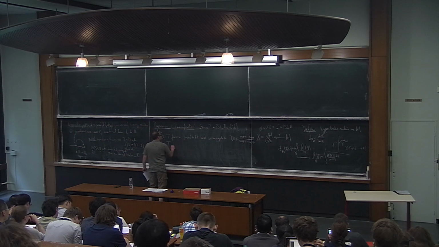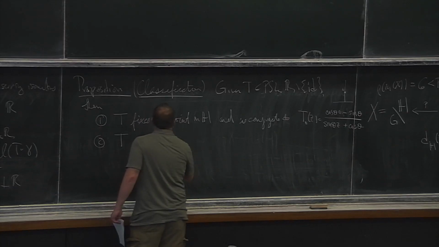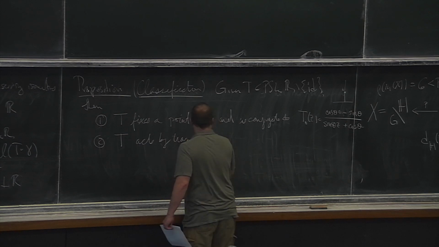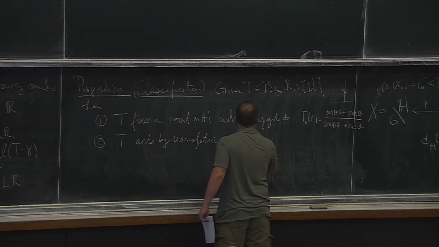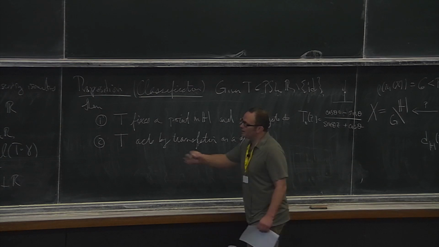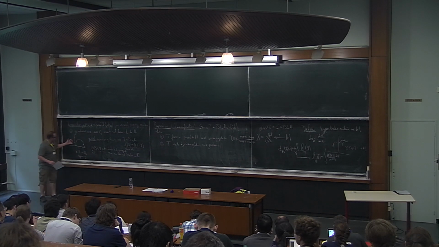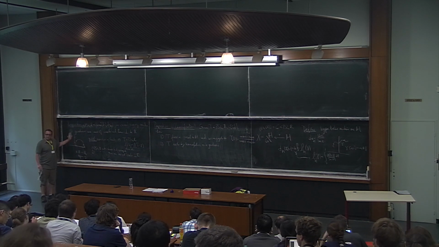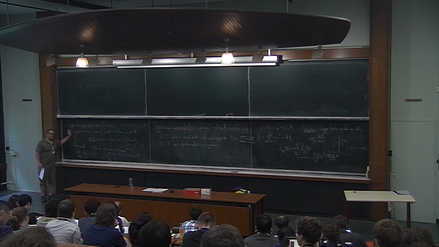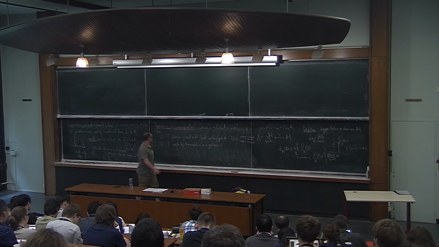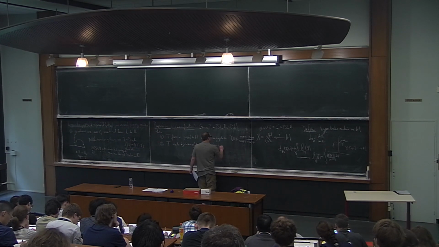Another possibility is that T acts by translation on a geodesic. So it leaves invariant some geodesic, so there's some line or circle that's invariant under this transformation. The geodesic is an isometrically embedded copy of R, and we're acting by translation on that geodesic. So that's another possibility.